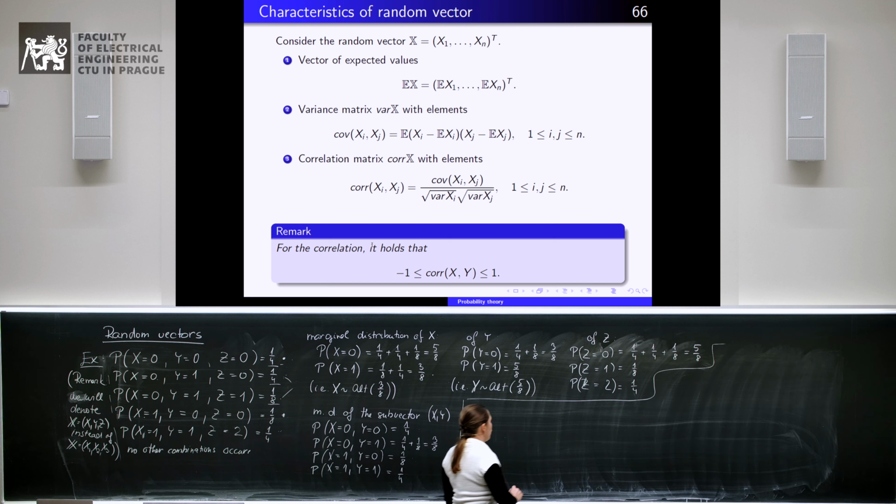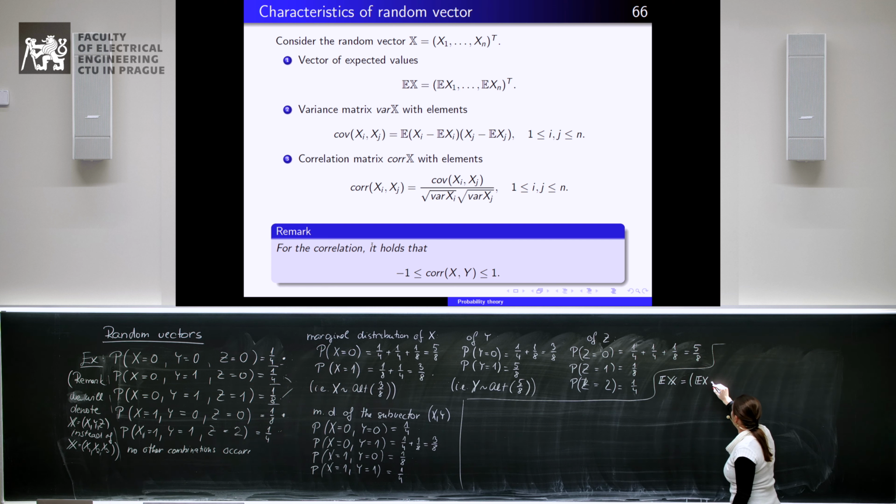So in our case, it means that the expected value of X is the vector consisting of the expected value of the random variable X, the expected value of the random variable Y, and the expected value of the random variable Z.